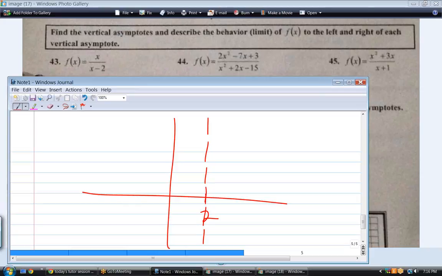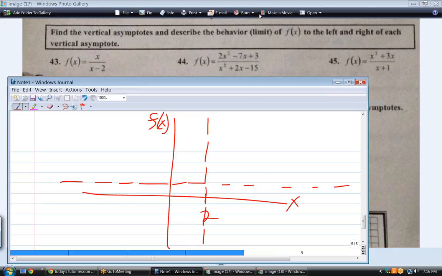Now, to find out the end behavior, remember this is f of x and this is x. What's the horizontal asymptote on 43? The powers are the same. That's x to the 1. That's x to the 1. The ratio of their coefficients is 1. So there's my horizontal asymptote at y equals 1.